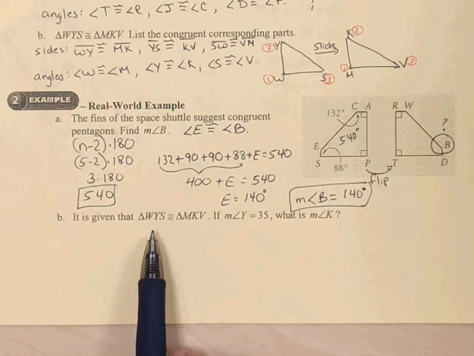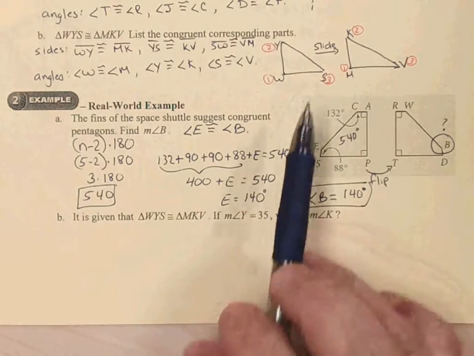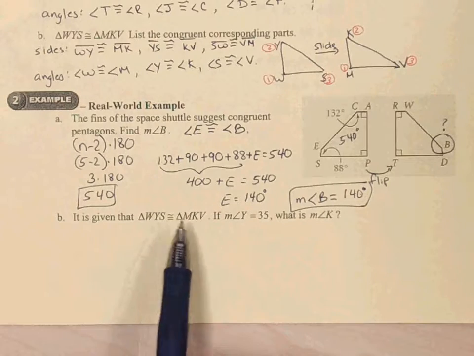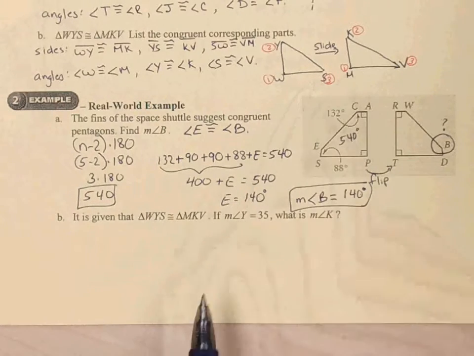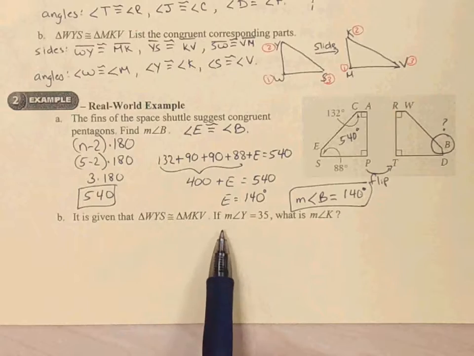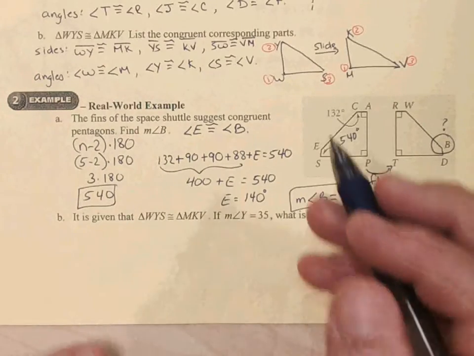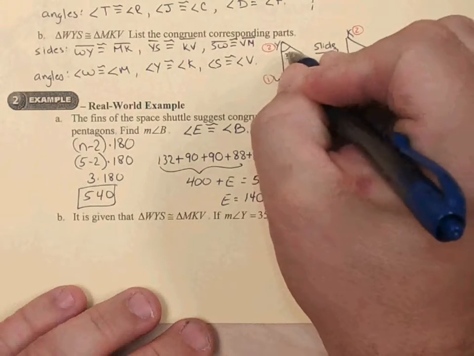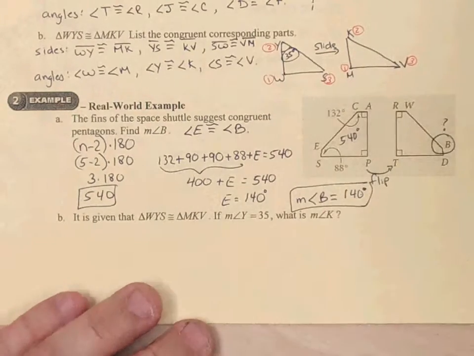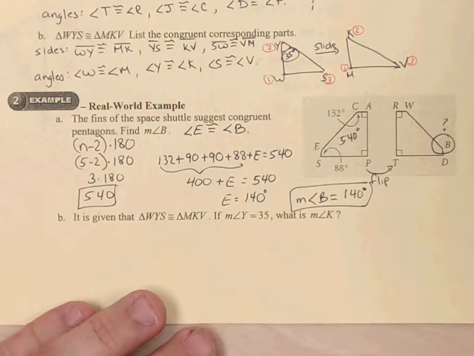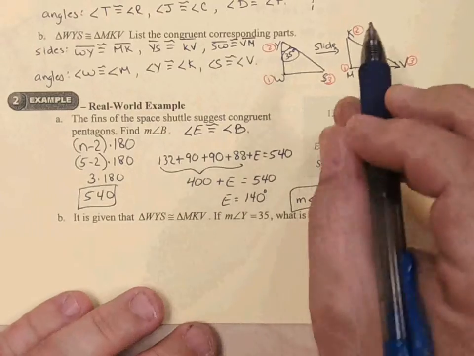Now the next example is just like with the triangles that we had up here. It says WYS and MKV are congruent to each other, just like I drew. Measure of angle Y is 35. What is the measure of angle K?